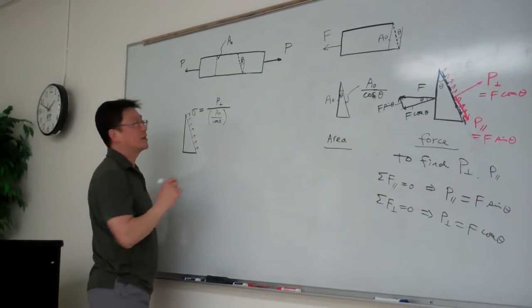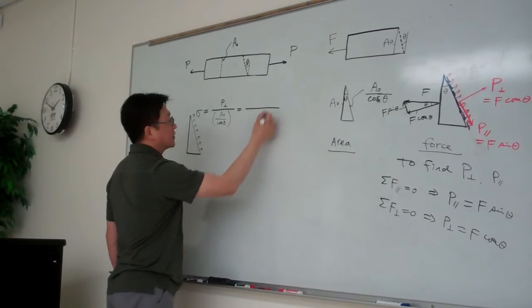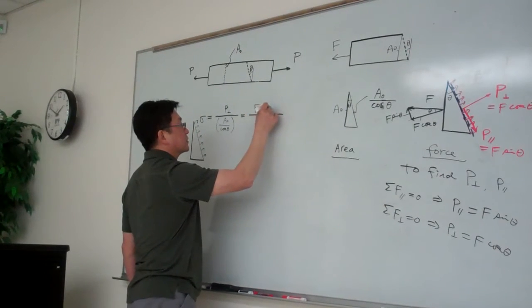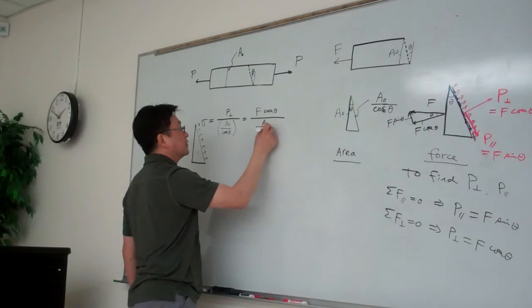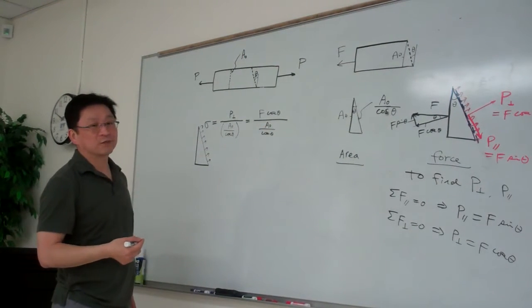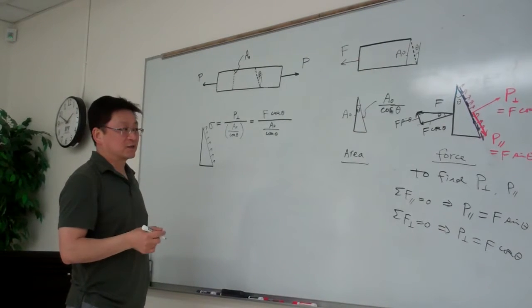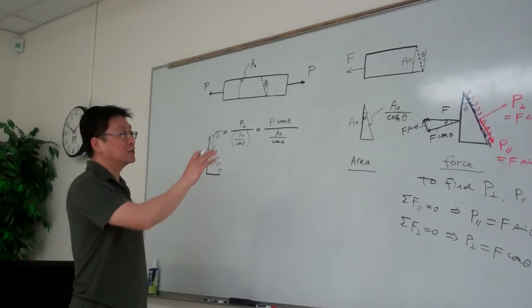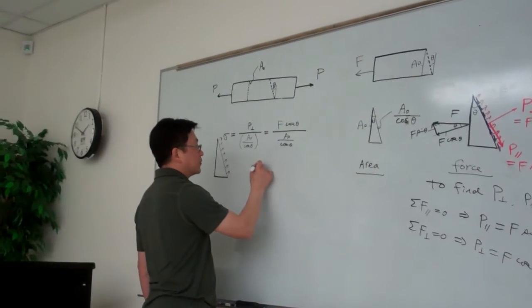Right? Okay, and then we simply plug in. P normal is F cosine theta divided by A now cosine theta. So here we do the symbolic calculation, but in homework and exercises, we are given numbers. So basically, depending on each condition, you work on the numbers.